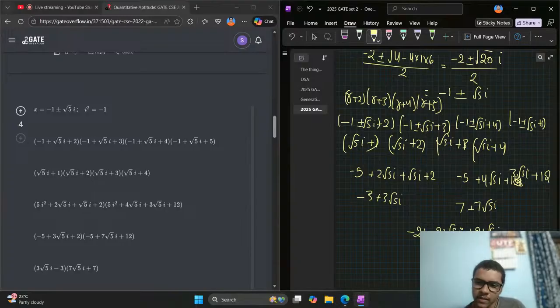You need to multiply these two. I minus 1 minus 21 into 5. This one cancels, minus 21. This is 5. How much is this? 126 minus 126.